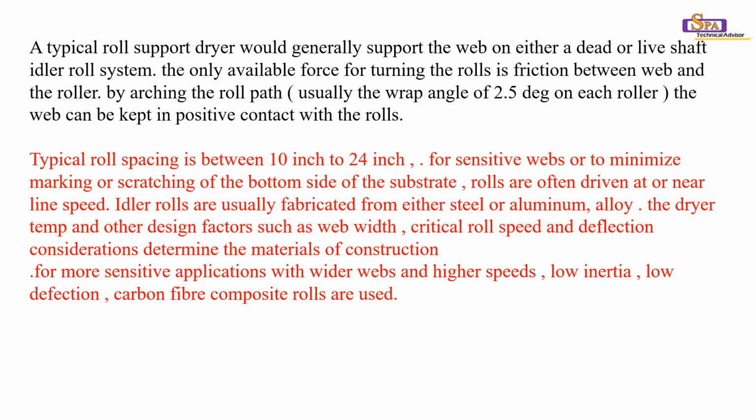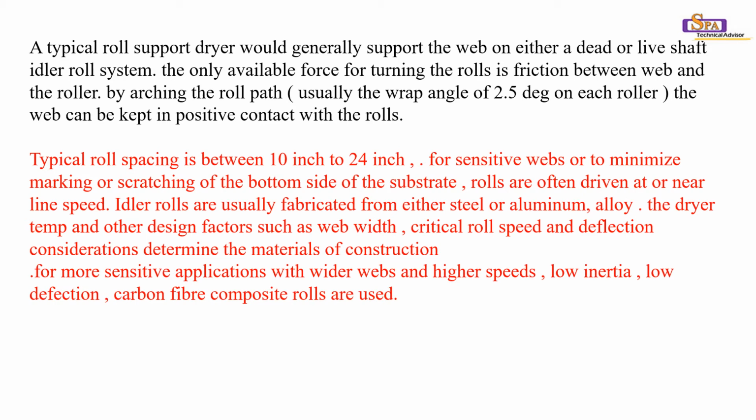The dry temperature and other design factors such as web width, critical roll speed, and deflection considerations determine the material of construction for more sensitive applications with wider webs and higher speeds.